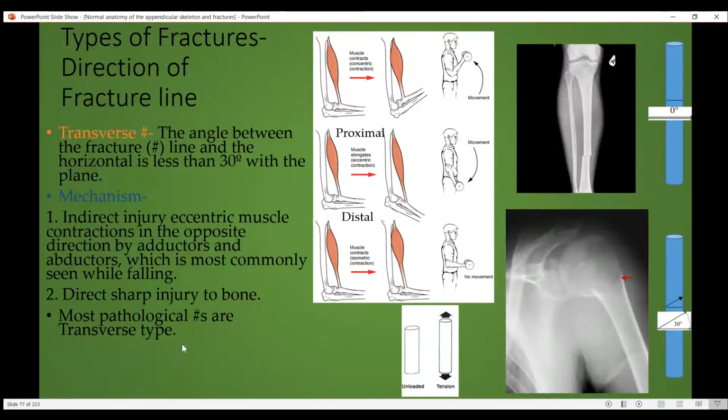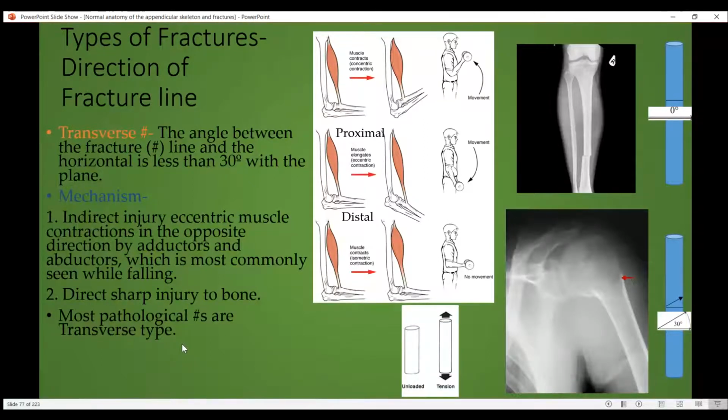The mechanisms of injury related to the direction of the fracture line are given in big detail with explanations in the practical slides. Since I covered those things in the last session, I'm not going to deal with that here.